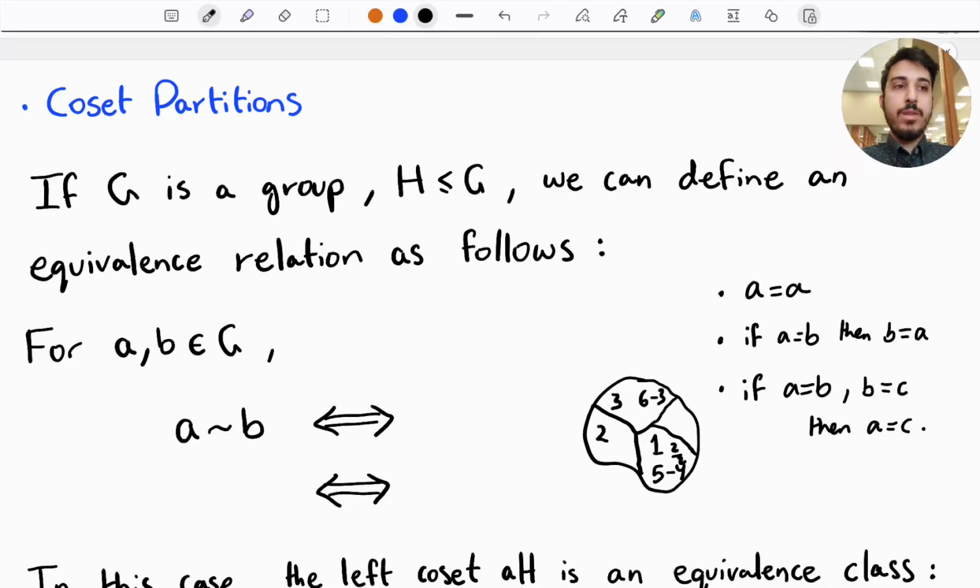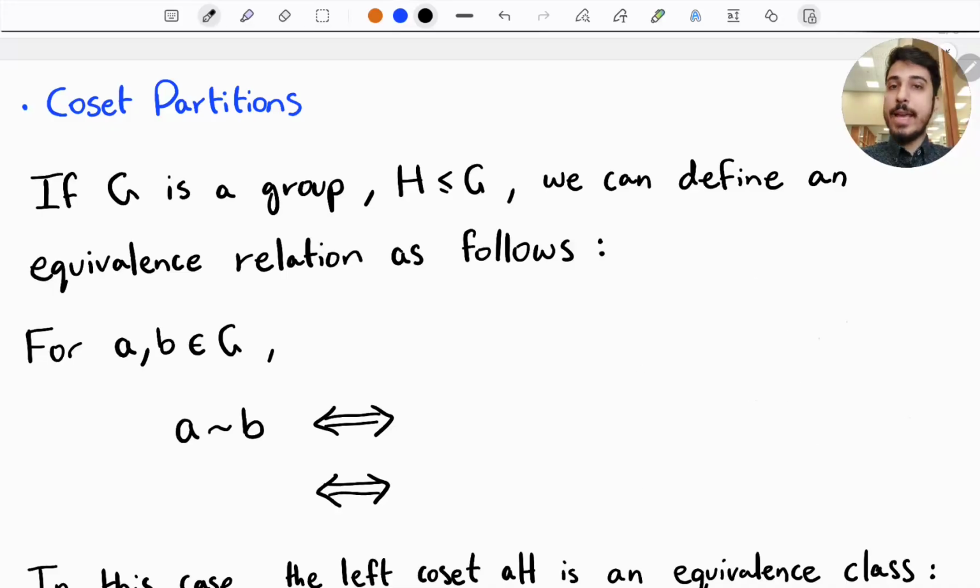So this thing can be done more generally, not necessarily just for equality. We can do it for any equivalence relation that satisfies these three properties. And this is what we will be defining now. If G is a group and H a subgroup of G, we can define an equivalence relation as follows.